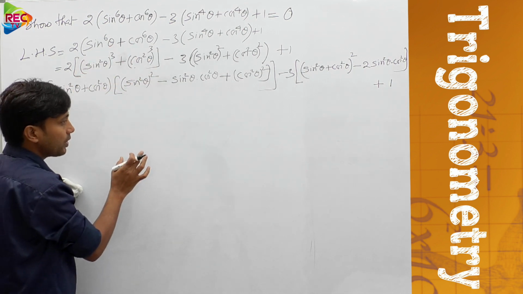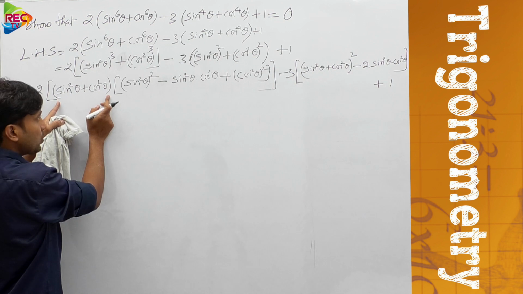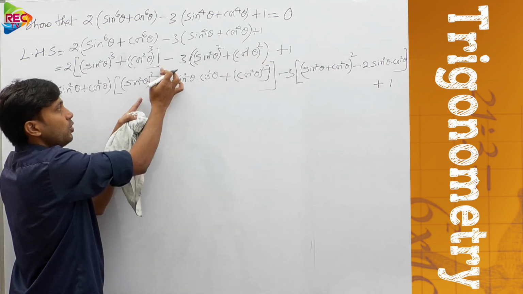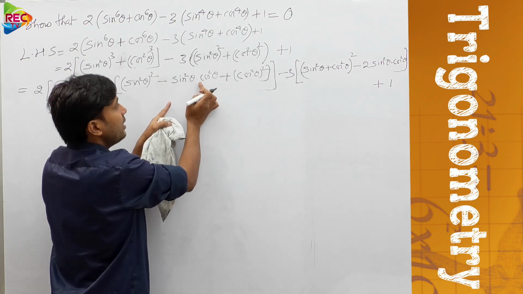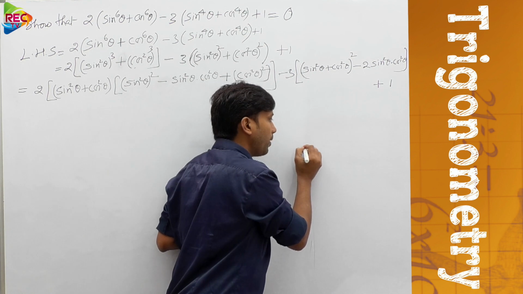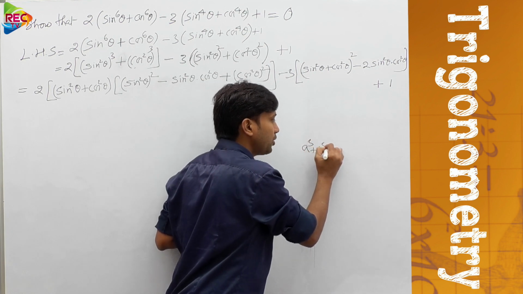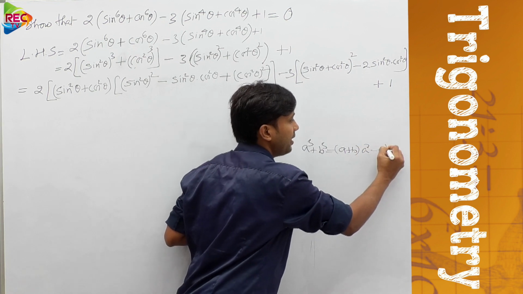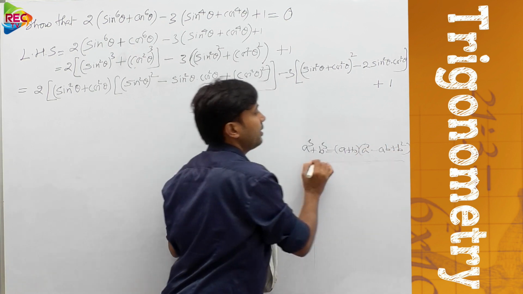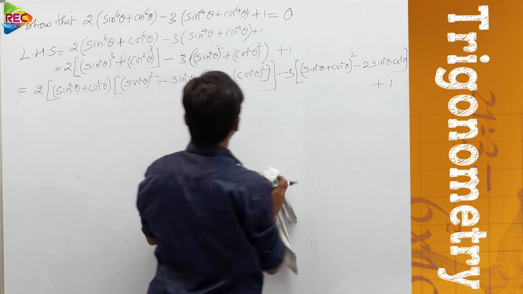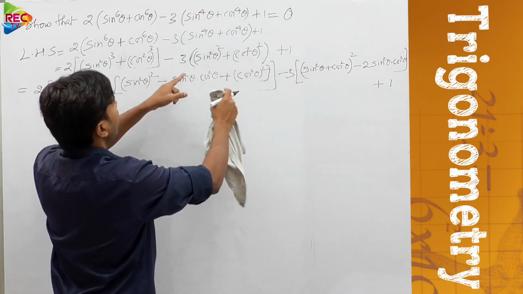It can be written as sin square theta plus cos square theta into sin square theta whole square minus sin square theta into cos square theta plus cos square theta whole square, according to the formula a cube plus b cube equals a plus b into a square minus ab plus b square. Using this formula we have expanded this. Now what would the second bracket be here?